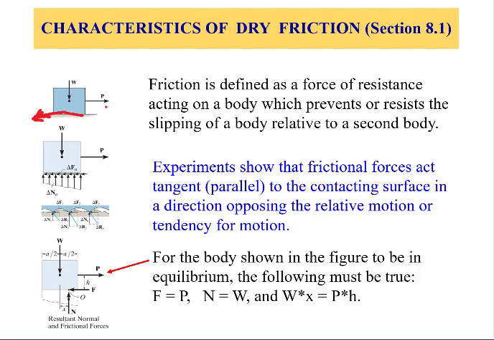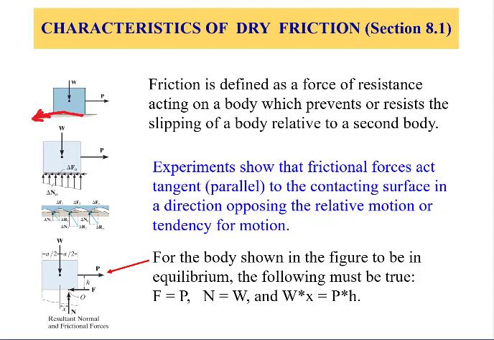From 0 until that certain value, there is some friction force generated, which we call F, that prevents the object from moving. However, when the P value increases beyond a certain value, which we will discuss, the object will start moving, and you can try it at home.